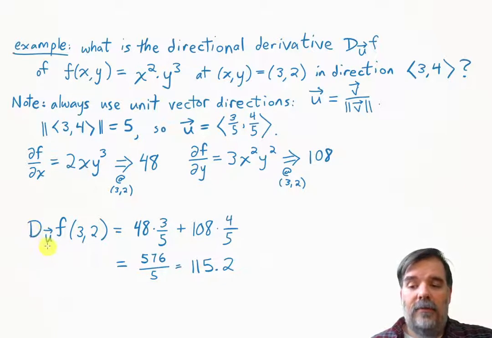The derivative of f at (3,2) in the direction u is equal to 48 times 3/5 plus 108 times 4/5. If you add that up, I think it's 576 over 5, which is 115.2. And so this is the rate of change in that direction. Interestingly, it's actually higher than the rate of change in either x or y.